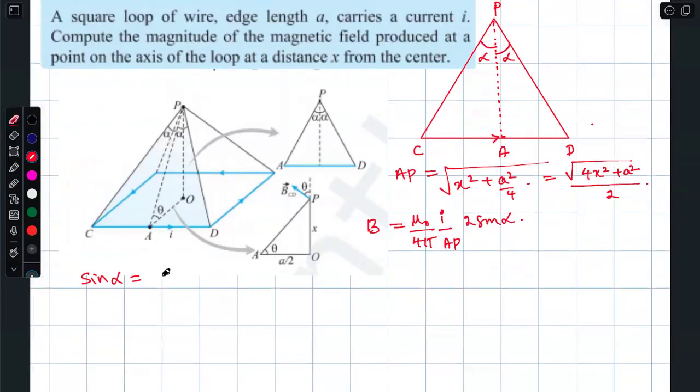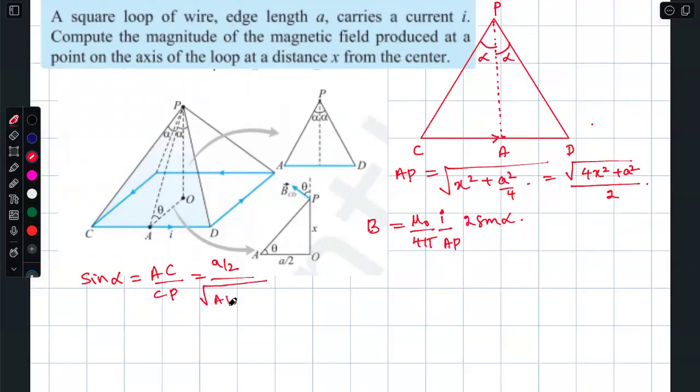AC by CP, hypotenuse. That is okay. AC, what is AC? AC is A by 2. What is CP? CP is this part. One minute.